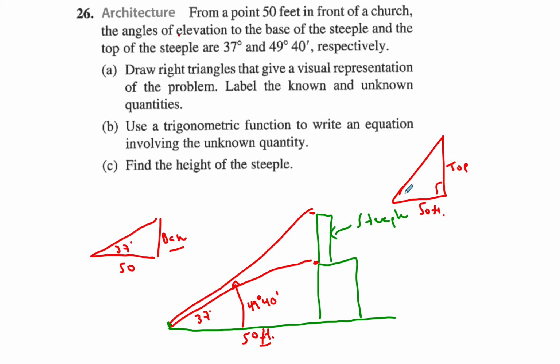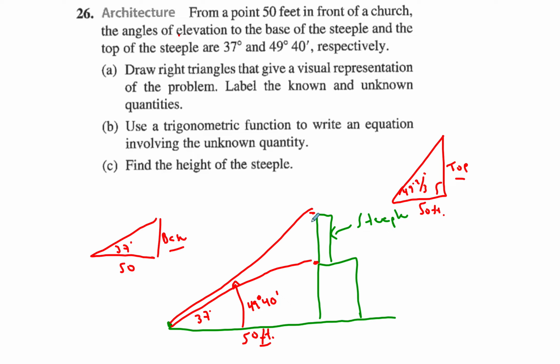So what we can do is we can calculate, and that's 49 degrees and 2/3, 40 divided by 60 reduces to 2/3 degrees, right? So draw right triangles and give a visual representation, label the unknown and known quantities. So our unknown would be the top and the base.